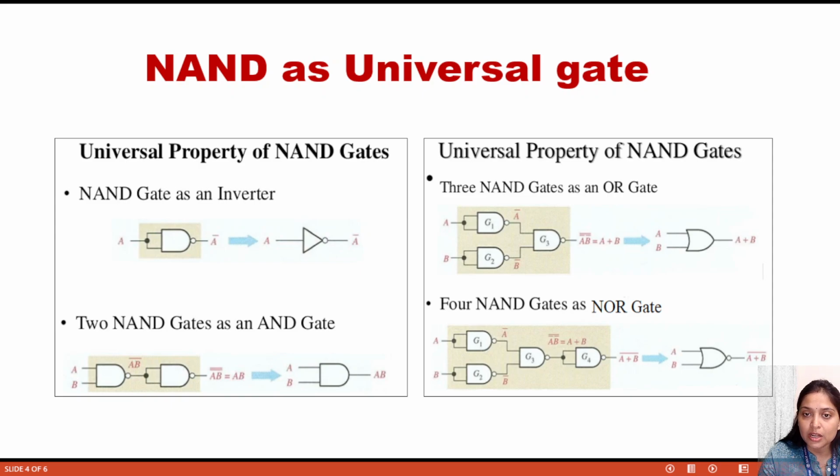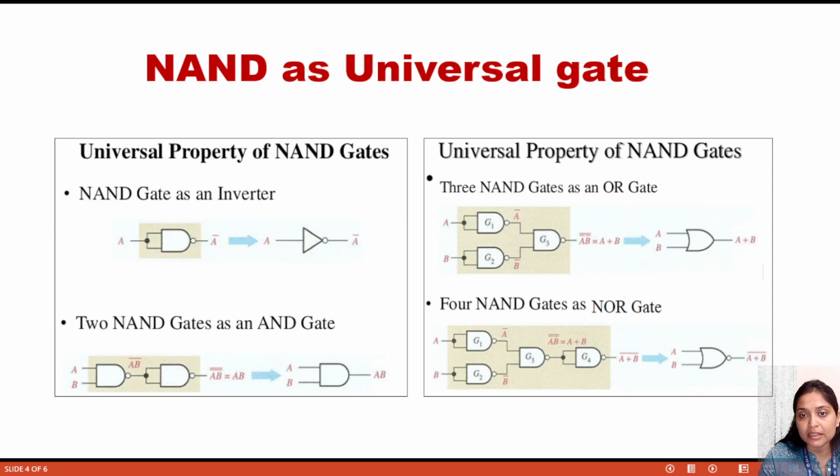This is G1, so it comes A bar. Similarly, input B passes through another NOT gate, G2, also a NAND gate, and it comes B bar.